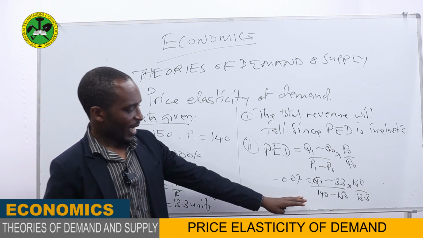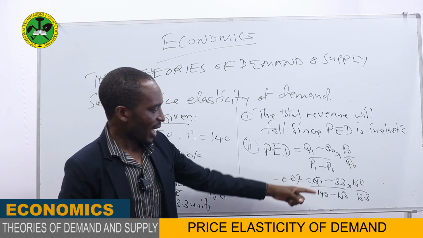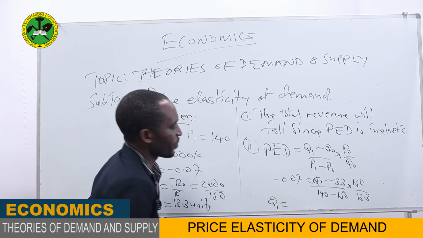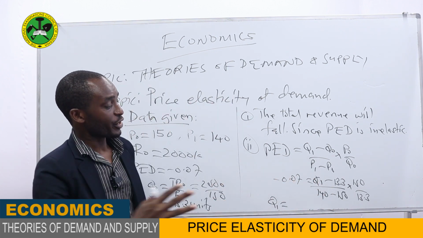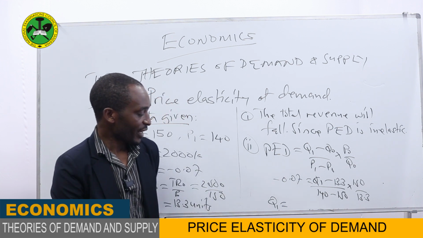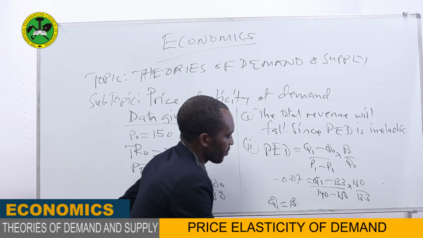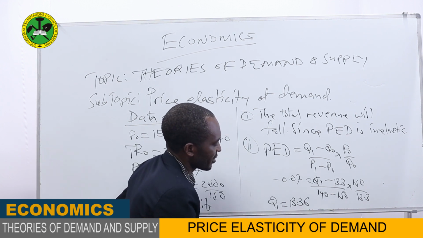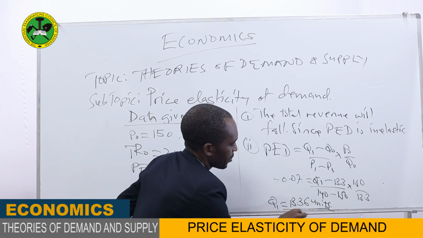Now, when you simplify this equation using your calculator, the Q1 will be 13.36 units.